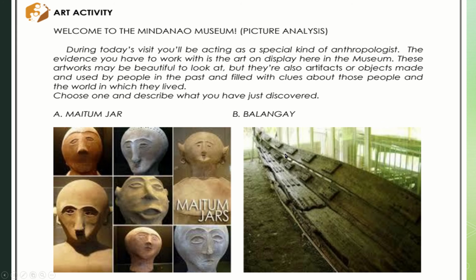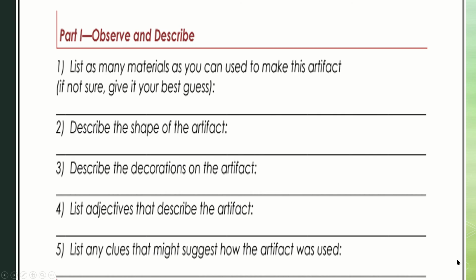So let's say for example, you've chosen the Maitum jar, or letter A. You are going to write your observations on this part 1. Observe and describe. For number 1, you are going to list as many materials as you can that were used to make this artifact. What do you think are the materials used to make this kind of artifact? Next, describe the shape of the artifact.